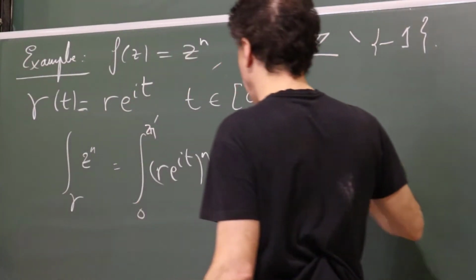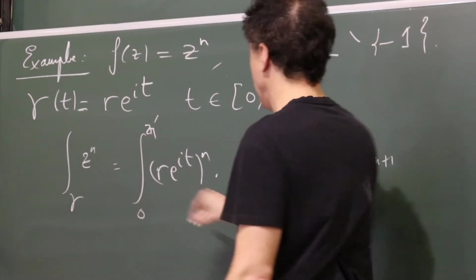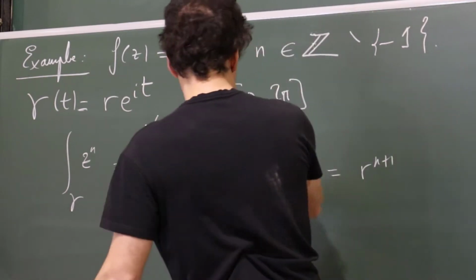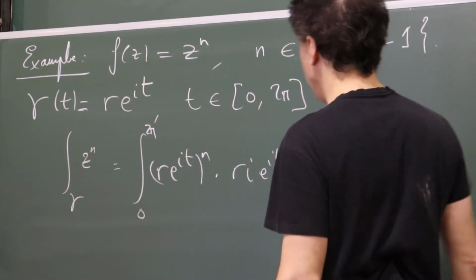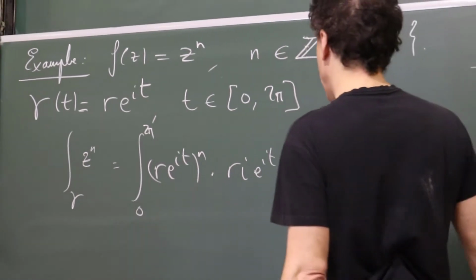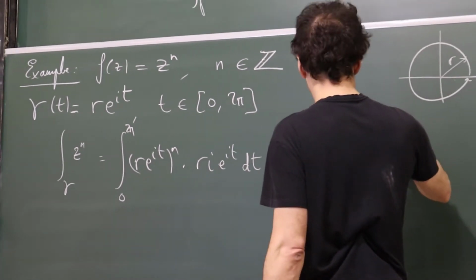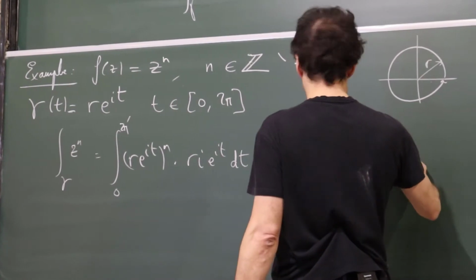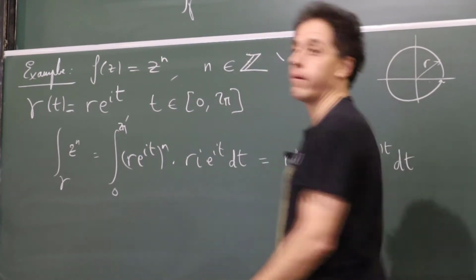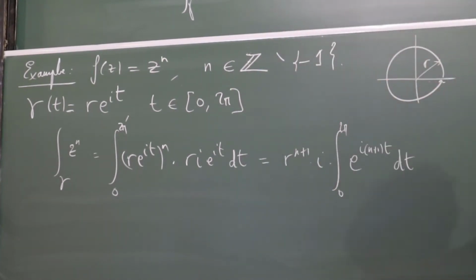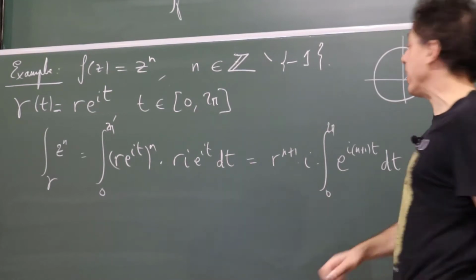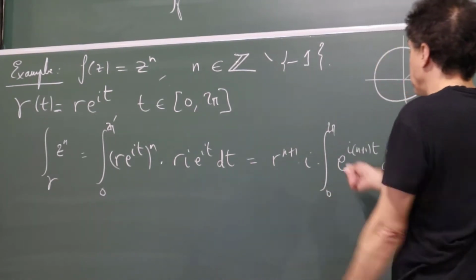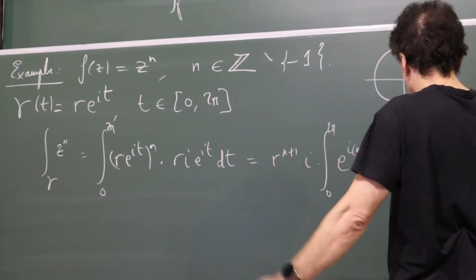So this would be something like r^{n+1} i integral from 0 to 2 pi of e^{i(n+1)t} dt. Okay, and well, this is applying the usual rules of the real integrals. You can try to find the primitive here directly.